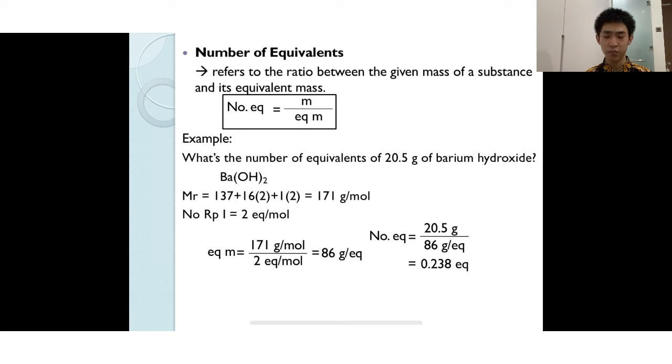The number of replaceable ions is 2 equivalents per mole. The equivalent mass is 171 divided by 2 equals 86 grams per equivalent, and the number of equivalents is the mass divided by the equivalent mass, so 20.5 grams divided by 86 grams per equivalent equals 0.238 equivalents.